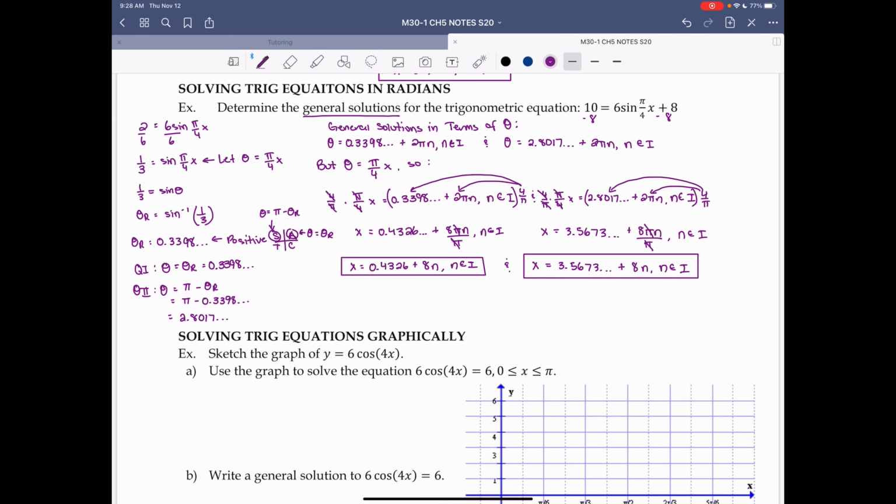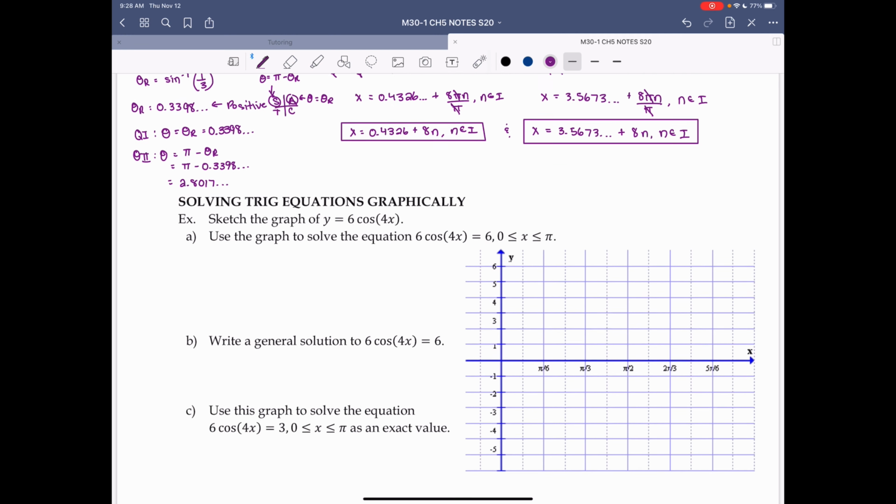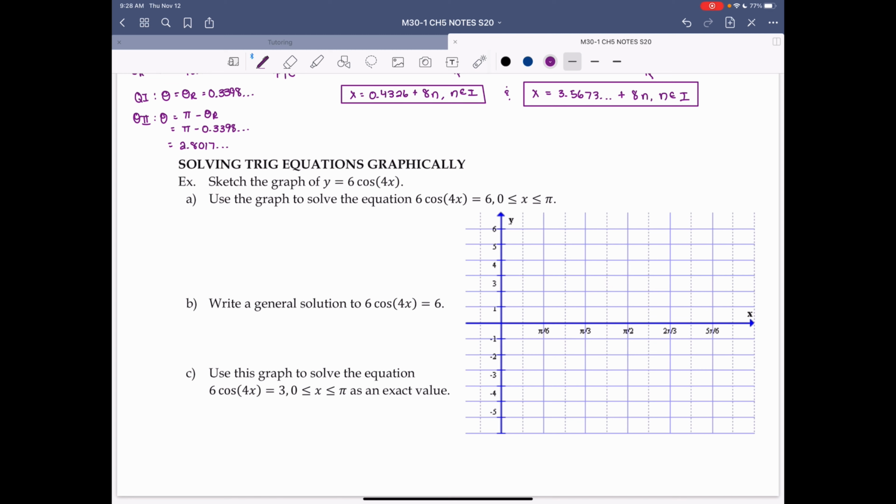Solving trig equations graphically. Sketch the graph of y equals 6 cos 4x. There's no horizontal or vertical shift here. We just have a vertical stretch and a horizontal stretch. The vertical stretch, remember the a value, absolute value of a is the amplitude.